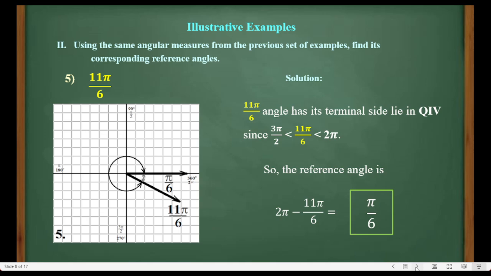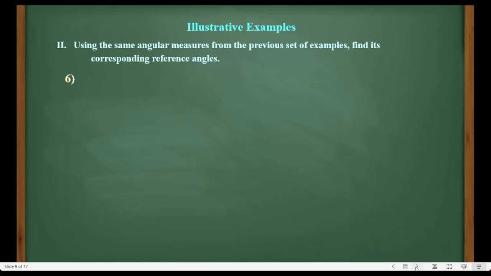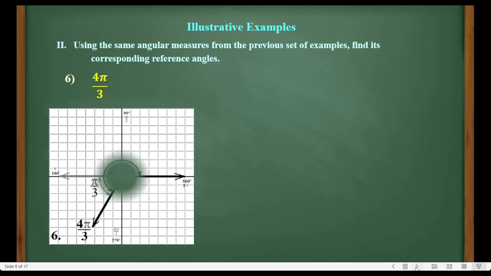Okay, next, for our last example, 4 pi over 3. So this is the drawing, and you will notice that the terminal side of this angle with this measure is found in quadrant 3. Now, how do we compute for the reference angle?